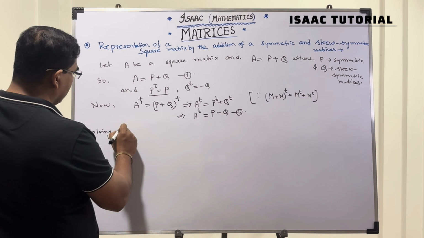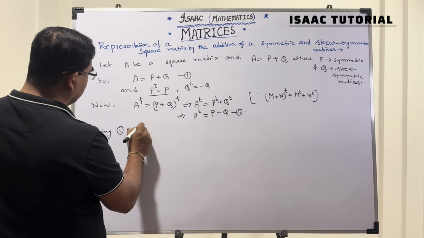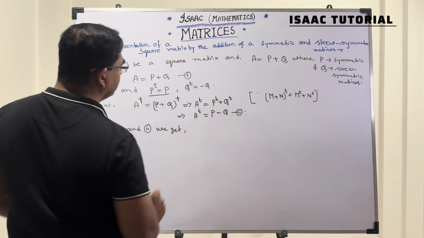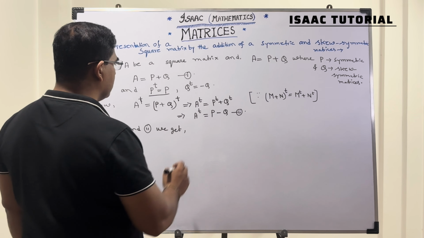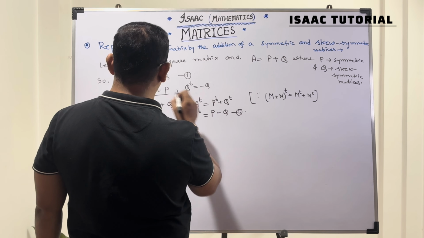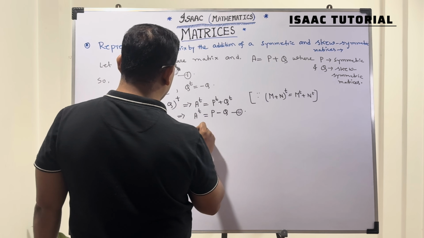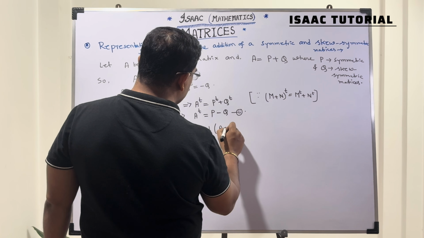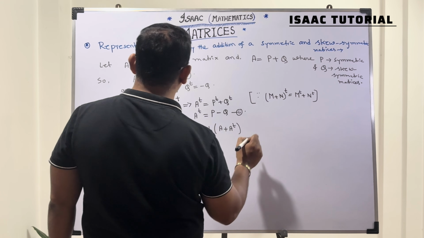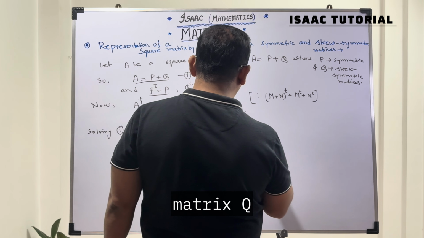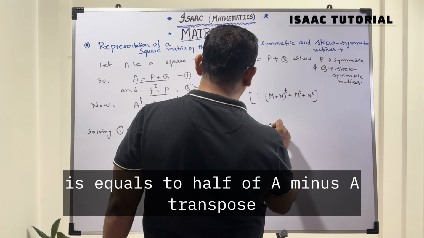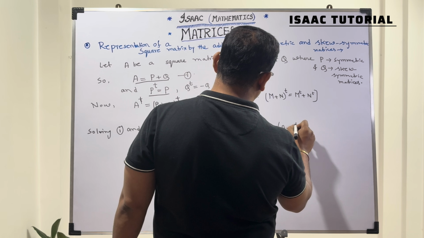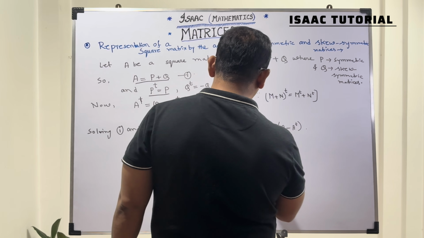Solving relations 1 and 2, we get matrix P is equal to half into (A plus A transpose), and matrix Q is equal to half of (A minus A transpose).